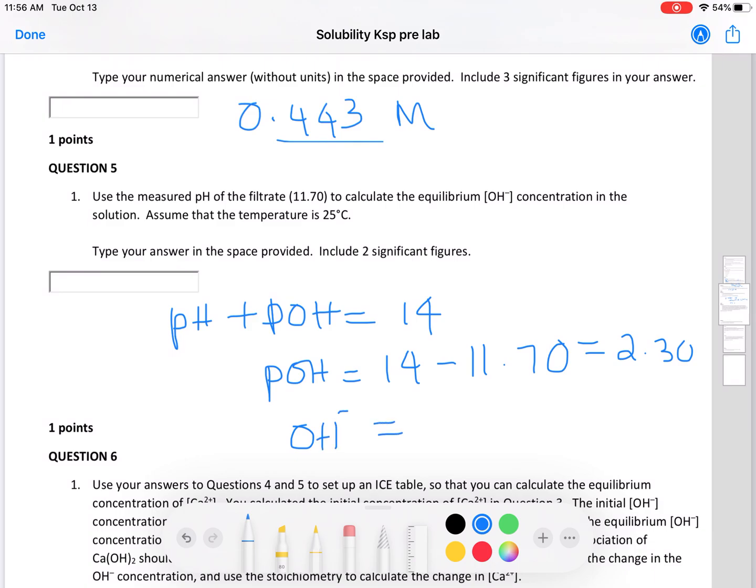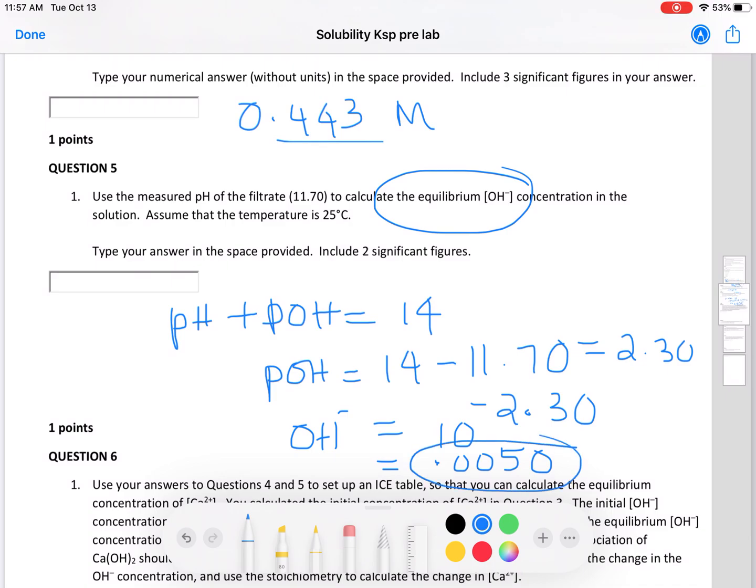So then the hydroxide ion concentration would be 10 to the negative 2.30. Okay, do this calculation in your calculator and see if you're going to get a number like this, 0.0050, and that is going to be the equilibrium hydroxide concentration.